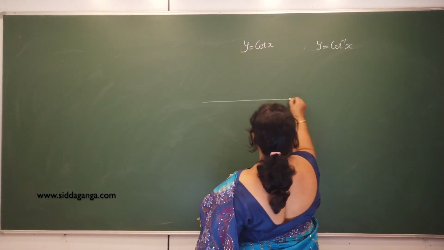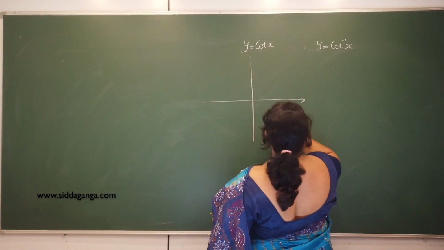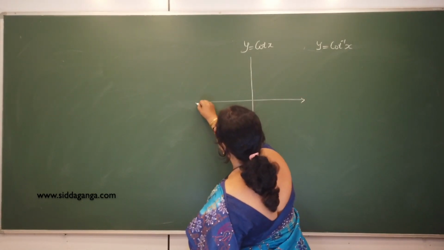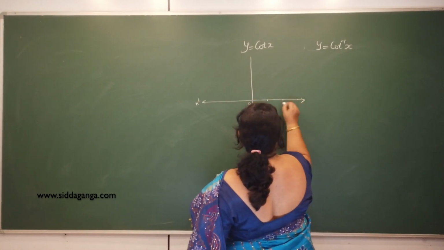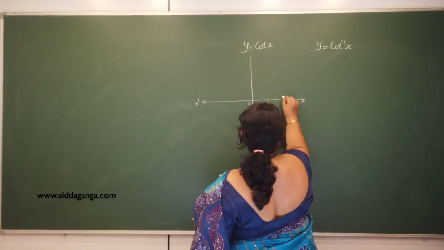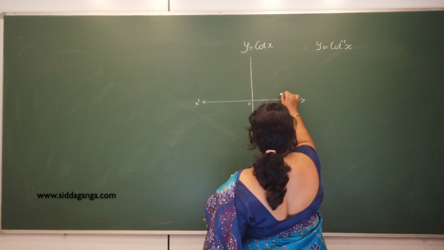First we are going to draw the graph of y equal to cot x. On the X-axis, just take only the quadrant angles: pi by 2, pi, 3 pi by 2.